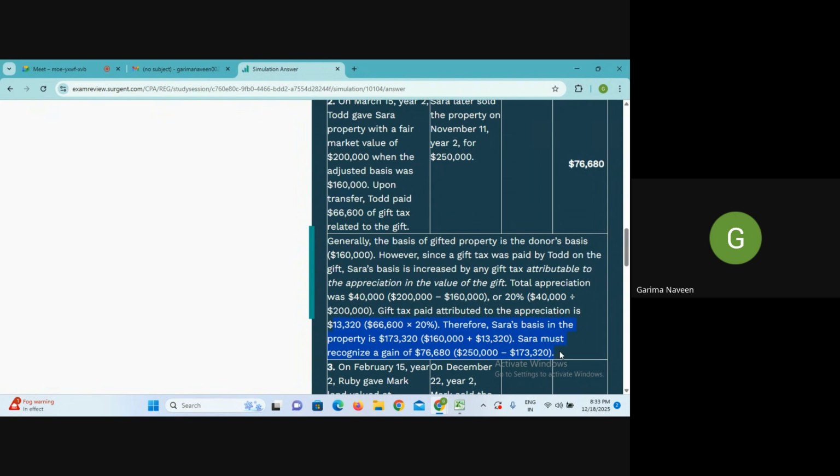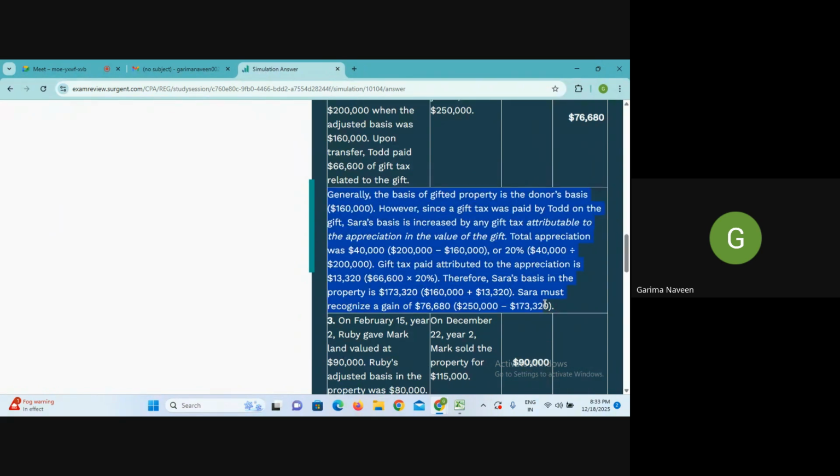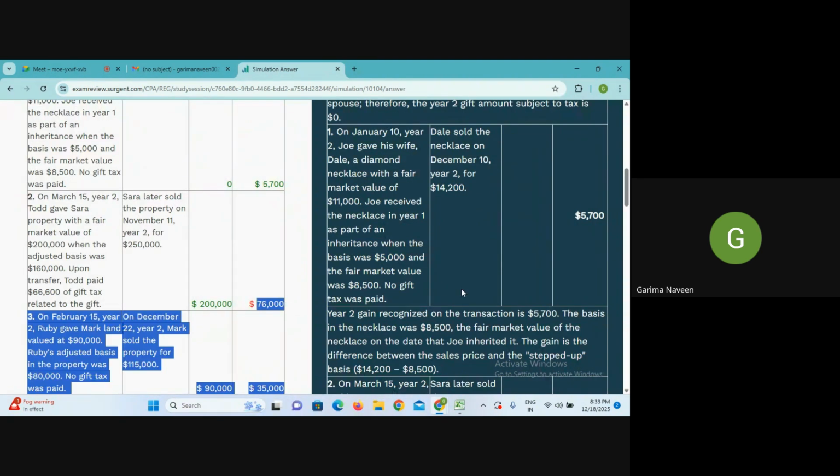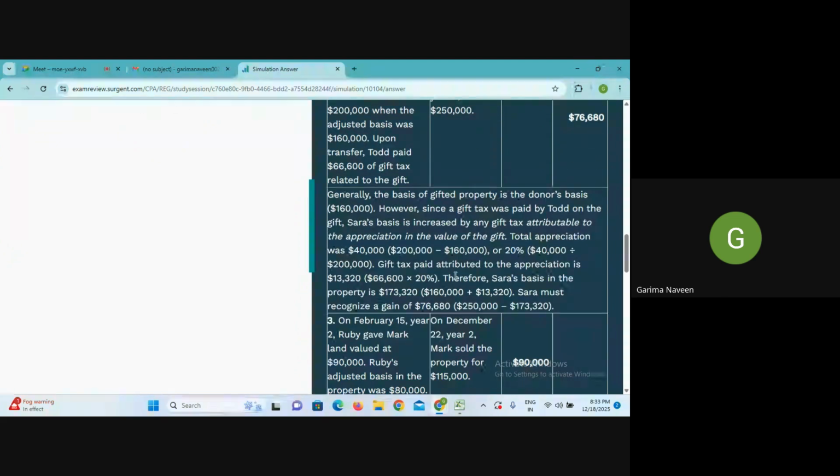Because there is a calculation mistake, otherwise everything is correct. Check your earlier calculation once more. You told me 76,000 is coming after this calculation, but they are doing the same calculation and getting the answer of 76,680.